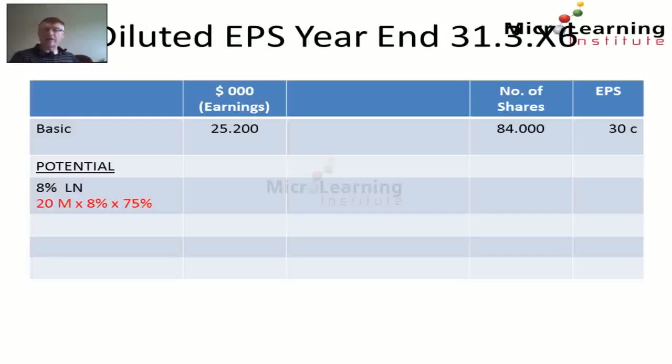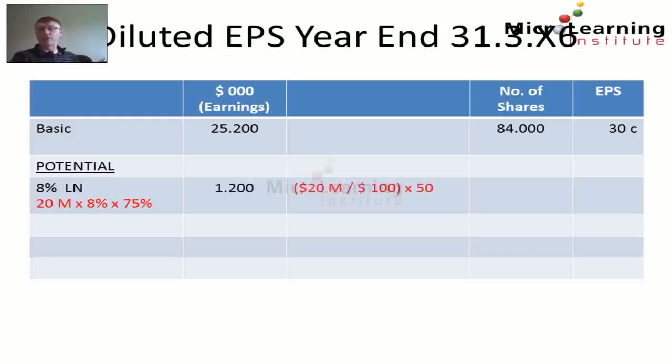But of course the earnings figure attributable to earnings per share is the after-tax earnings. Now we're told that tax in this jurisdiction is charged at 25%, so the savings after tax will only be 75% of the interest that is being paid. So consequently, if this loan note is redeemed, the earnings will increase by $1.2 million.